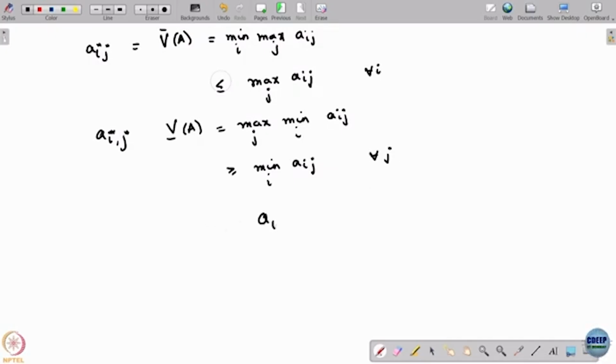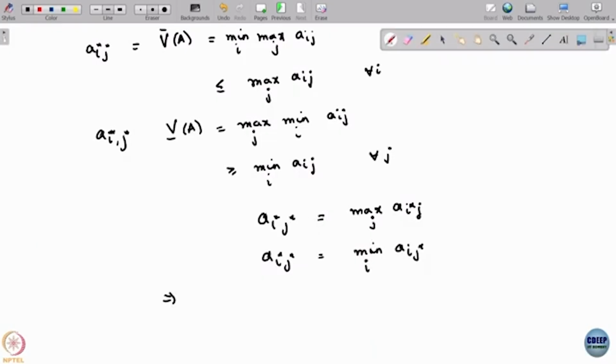I would get therefore a_{i*j*} equal to, putting these two together, this is the minimum over i of a_{ij*}.